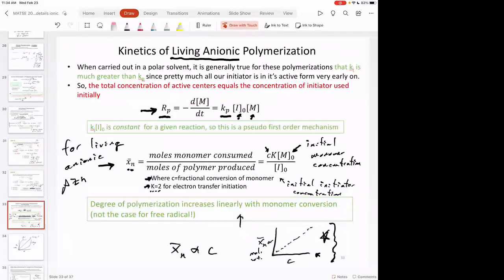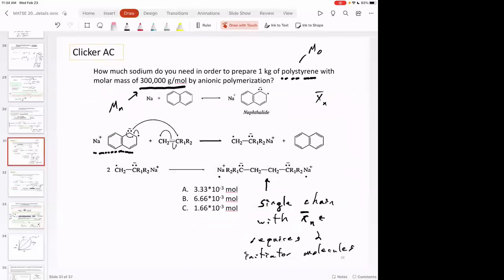Fine, sorry about that. So free radical, cationic, anionic, it's the usual story in terms of all the rate constants, our fundamental equations for X bar N 0 and X bar N. If I say living, or if I say that we have an electron transfer initiated polymerization with sodium naphthalide, that's a key initiator for living.